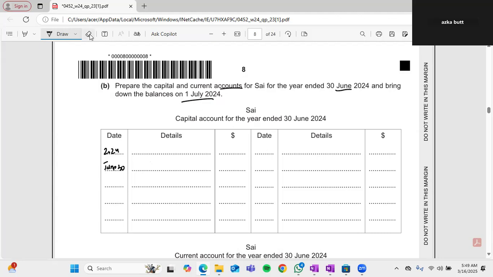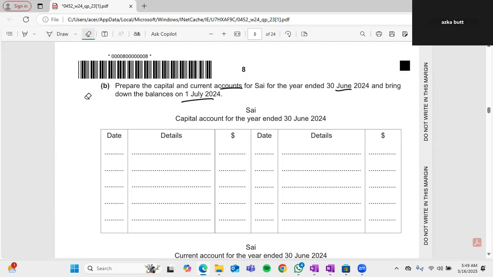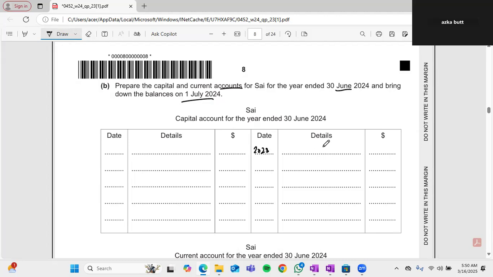In Sayi's account, the capital is 40,000. So there is nothing else. We just need to carry down the balance.